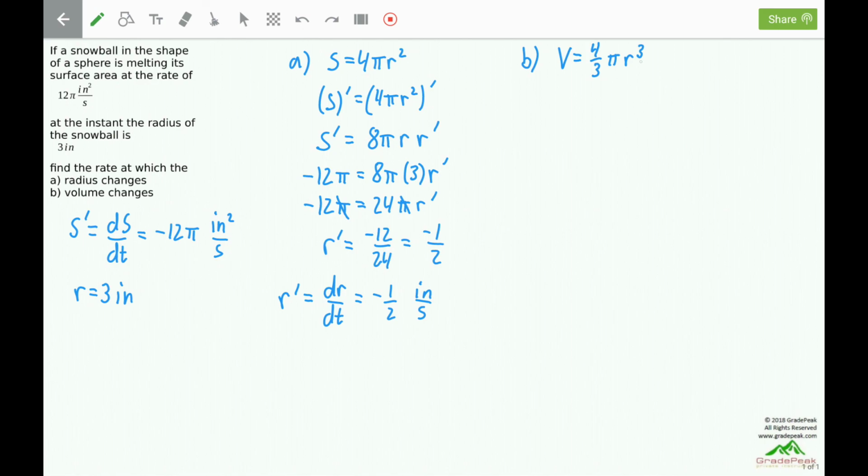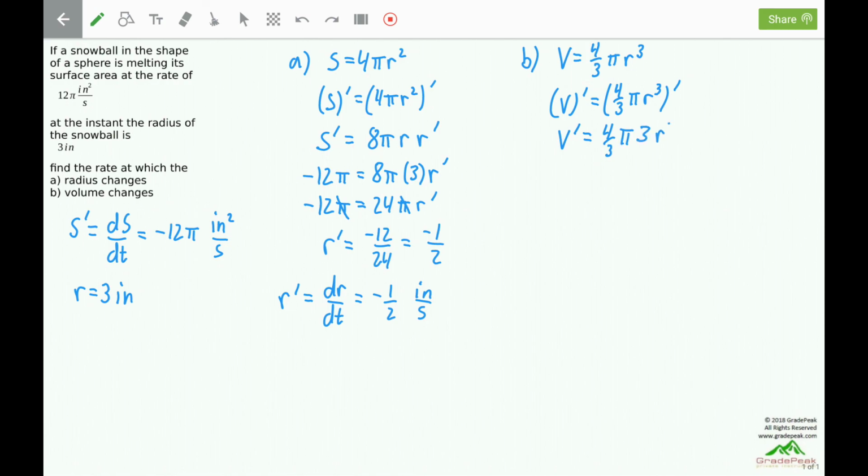From the related variables, we can then take the time derivative of both sides to produce the related rates, indicated by a prime on both sides. Left side, the derivative of V is 1 and then V prime. On the right side, we have a power rule. The 4/3 and the pi are constant.